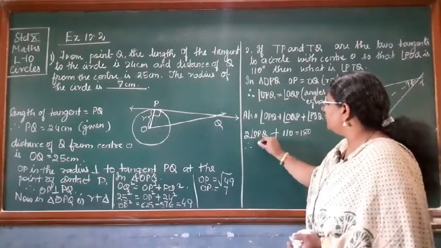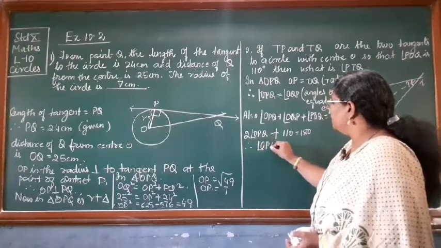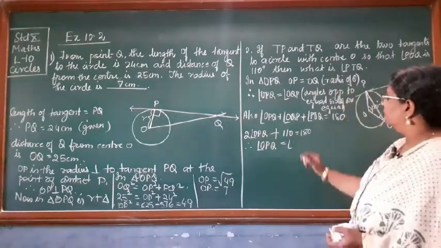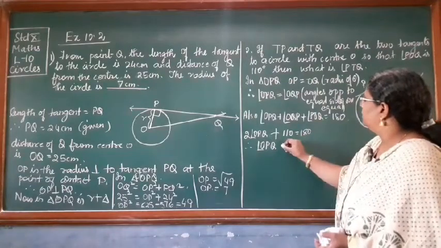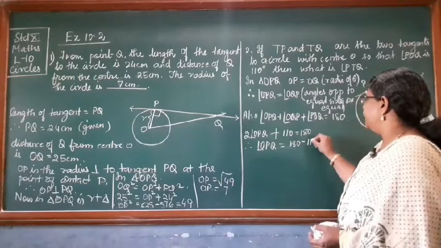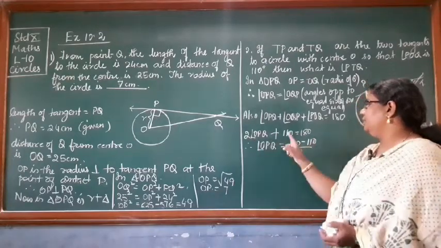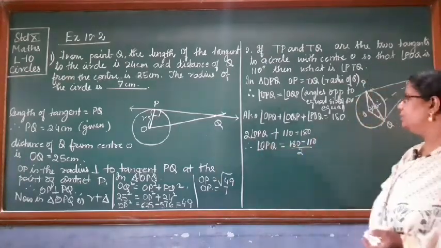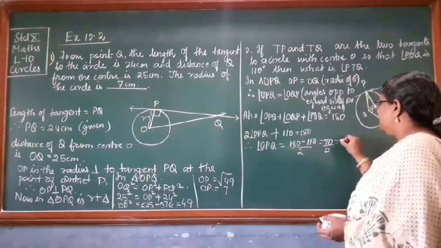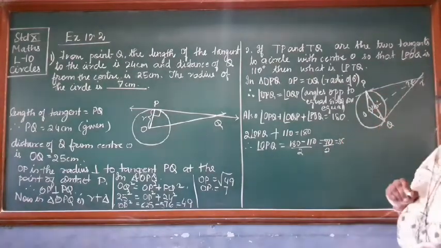So therefore you have angle OPQ equal to 180 minus 110 divide by 2. इसको मैंने इस तरफ ले गया और इसको डिवाइड बाय 2 कर लिया. So that is equal to 70 divide by 2, which is equal to 35.